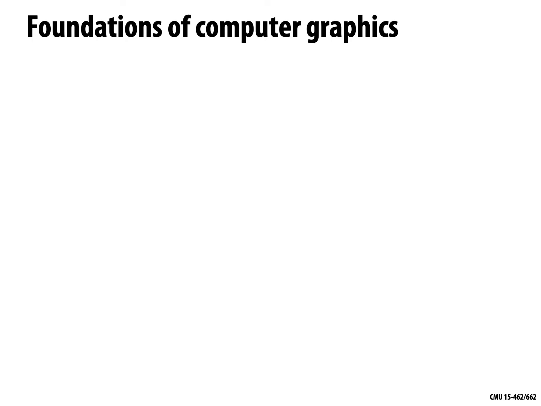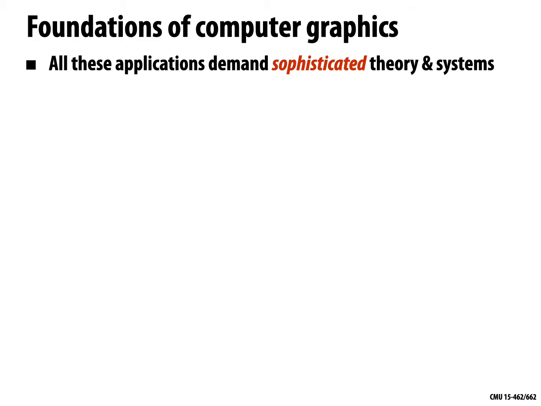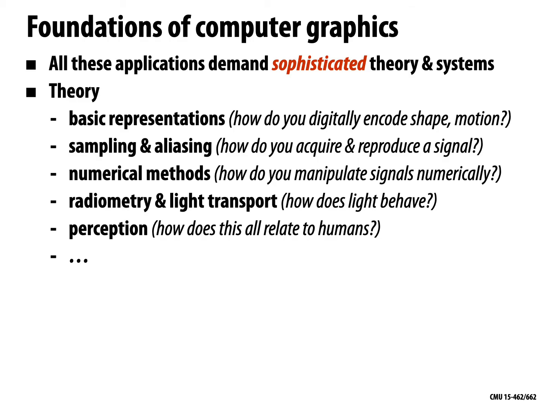Well, we're really going to look at the foundations behind all of this, the computational foundations behind all these different applications, right? Because all these applications, whatever domain you're excited about, demand sophisticated theory and a sophisticated treatment of computer systems. So in the theory category, we're going to talk about things like basic representations.